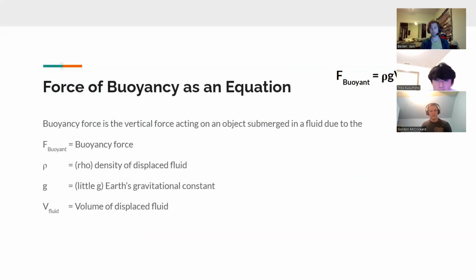The force of buoyancy as an equation is made up of the density of displaced fluid times little g, representing Earth's gravitational constant of 9.81 meters per second squared, and the volume of the displaced fluid. Together, this equals the force of buoyancy.